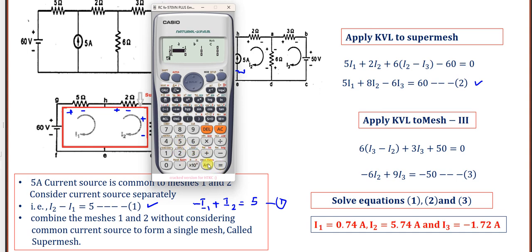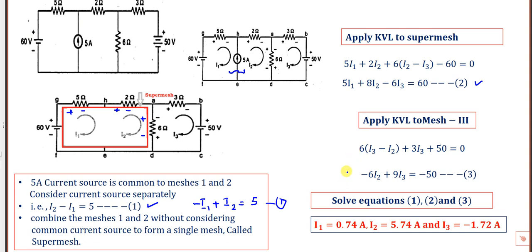Next second equation, 5, 8, minus 6, 60. Third equation, minus 6. Sorry, again I made a mistake here. It is 0 I1.